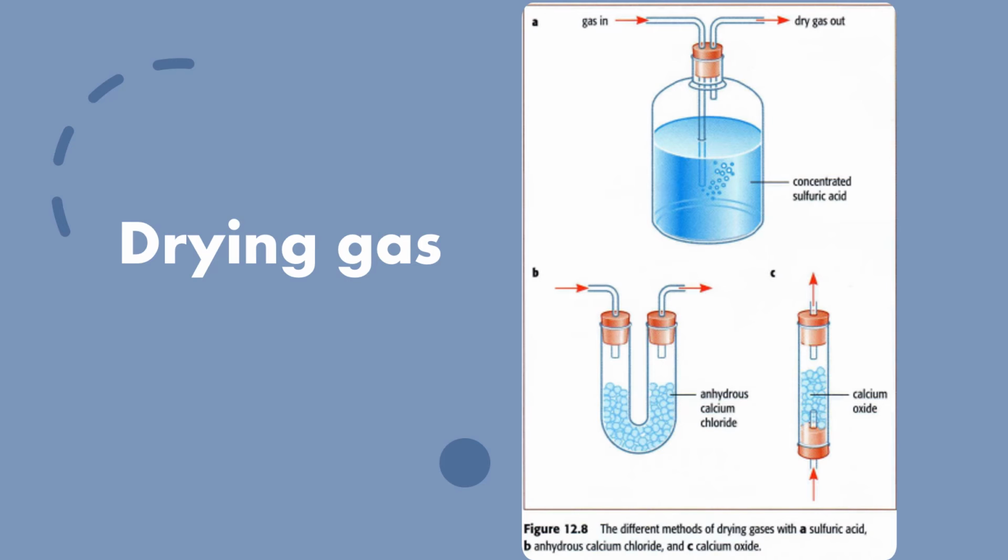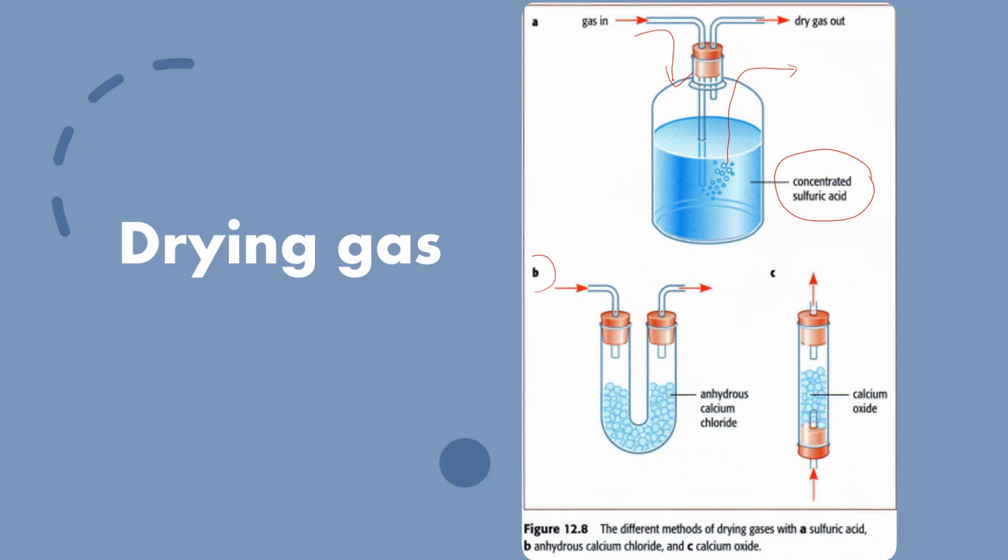Here we have the figure. The first is concentrated sulfuric acid. The gas we put into the bottle contains concentrated sulfuric acid, and after that the gas comes out without water, because the water is absorbed by the concentrated sulfuric acid.